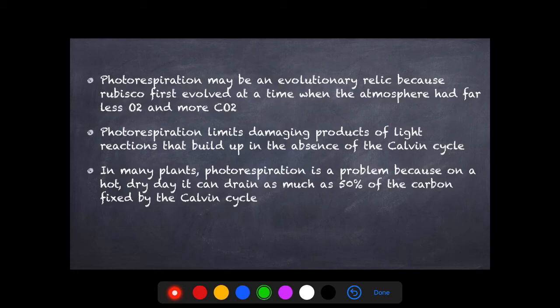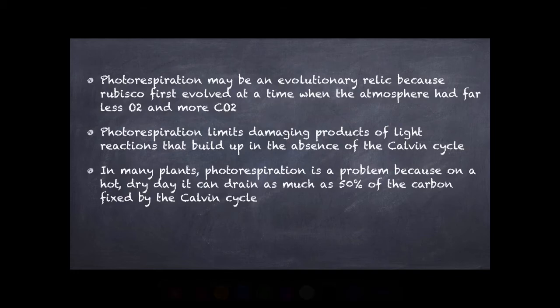People believe that photorespiration occurred when the atmosphere had more carbon dioxide than oxygen. But photorespiration actually provides protection against damage from the light reactions, which can happen when you have a high amount of CO2. This process can be really harmful in plants, especially crop plants, because it takes away more than 50% of the carbon that is fixed by the Calvin cycle.